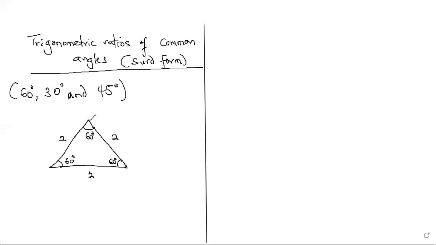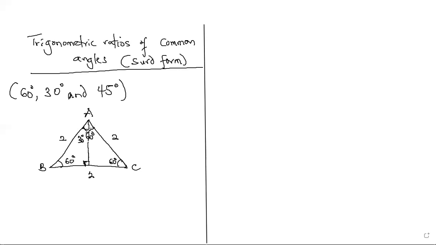Let me label this as ABC. If I bisect the angle A, by bisect I mean divide the angle into 2 equal halves, the bisector will be at right angle to this side, BC. So this will be 90 degrees and this will be 30 degrees.